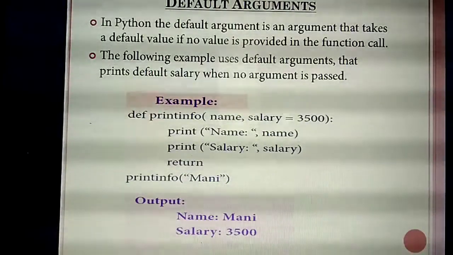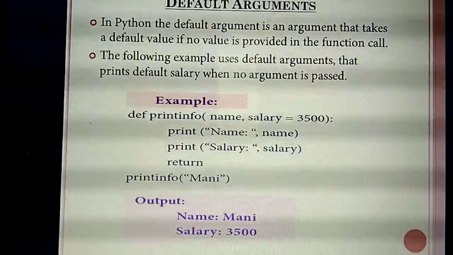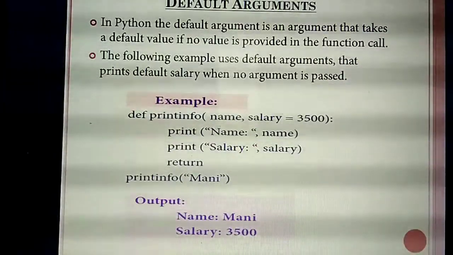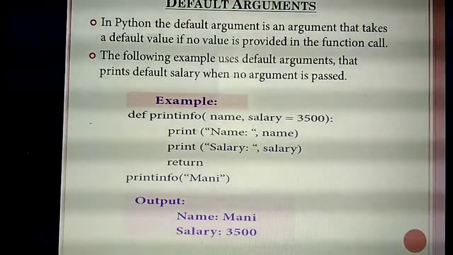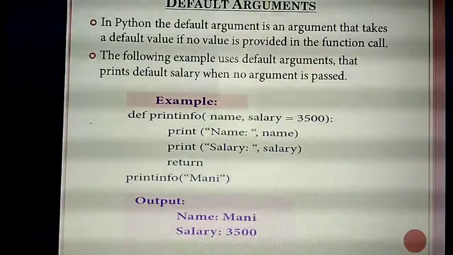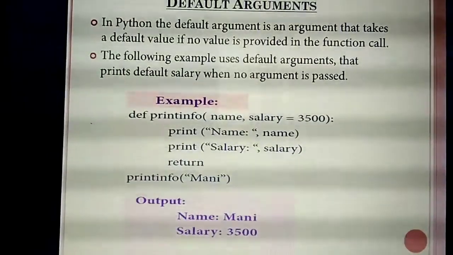Then when running the program, for that argument, only the default value will be printed as output. Understand? First study this example, then only you will be able to understand this theory.